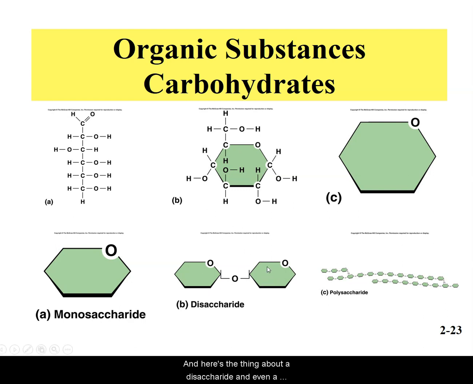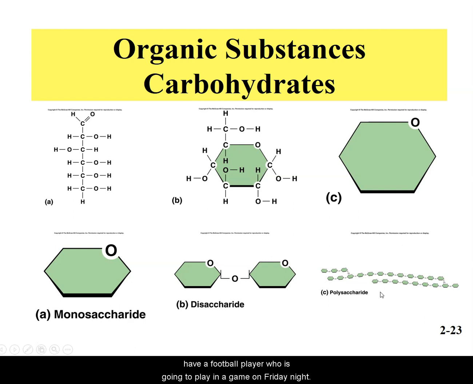Now here's the thing about a disaccharide and even a polysaccharide. It provides more energy, but it takes more energy to break it down into monosaccharides, those monomers. And yeah, it takes a little energy, but you have a longer lasting energy because you have 2 sugars here as compared to 1, and then a polysaccharide.